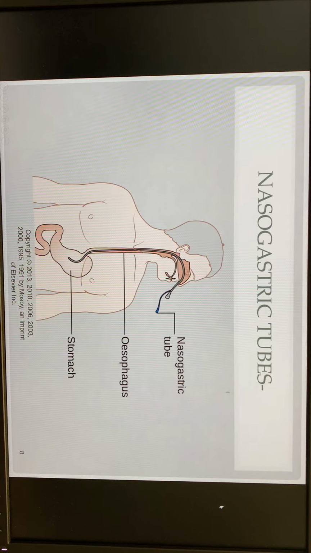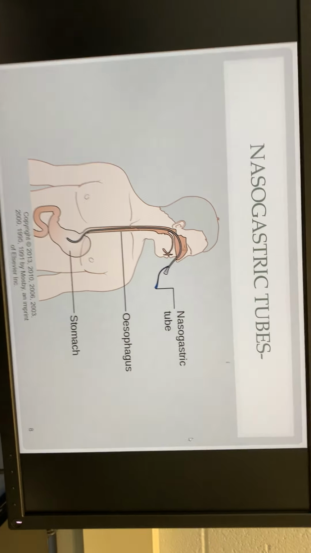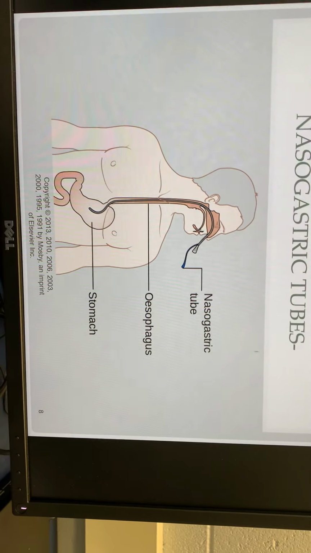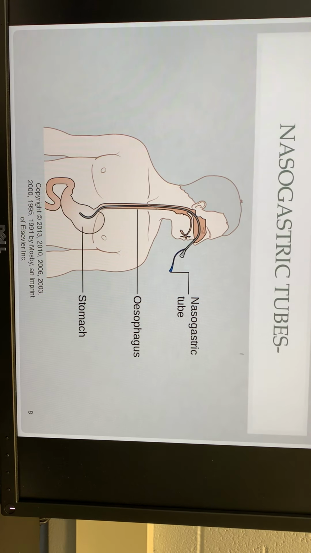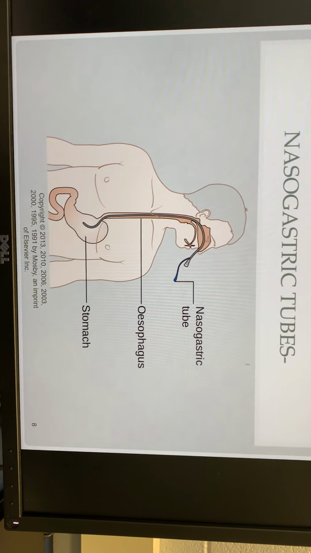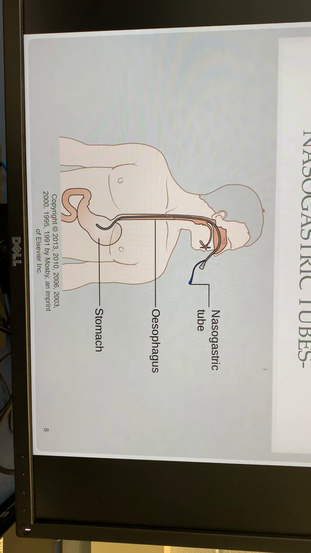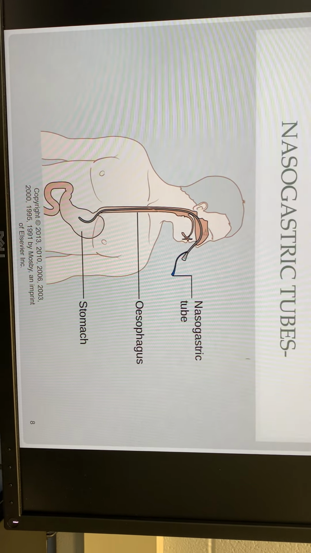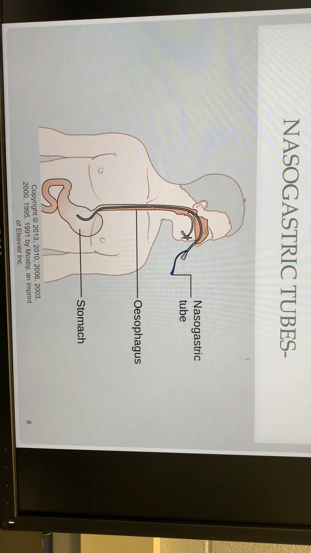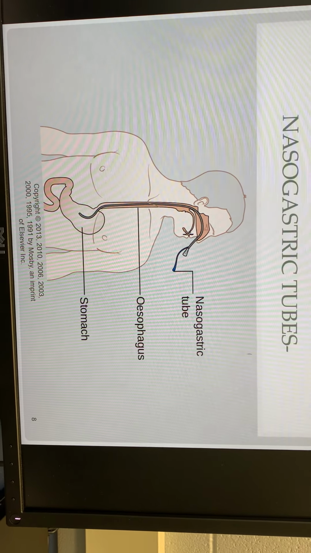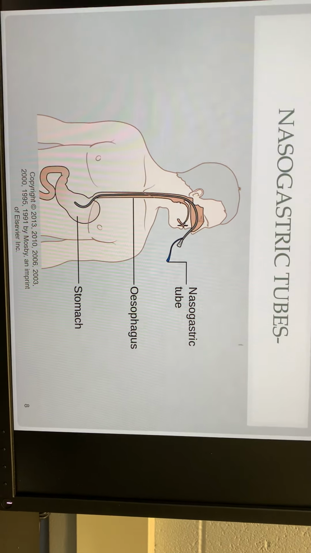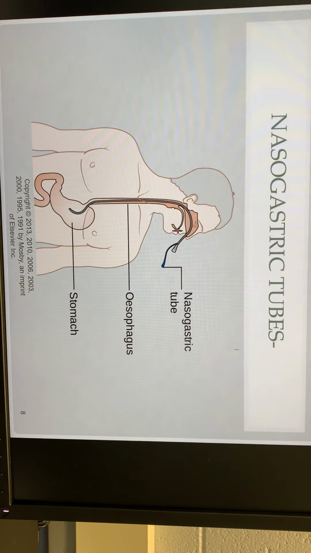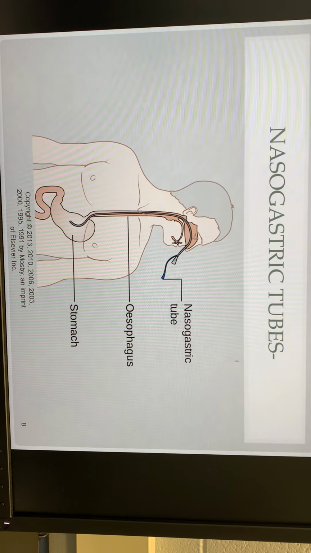So usually it doesn't take very long, a special procedure, but this is a way of giving food and medicines indefinitely. Here's a nasogastric tube, and I don't know that you'll really have a chance to practice putting these down during clinicals. They're not hugely common, but basically any kind of nasogastric tube is a tube that goes in through the nostrils, goes down the esophagus.